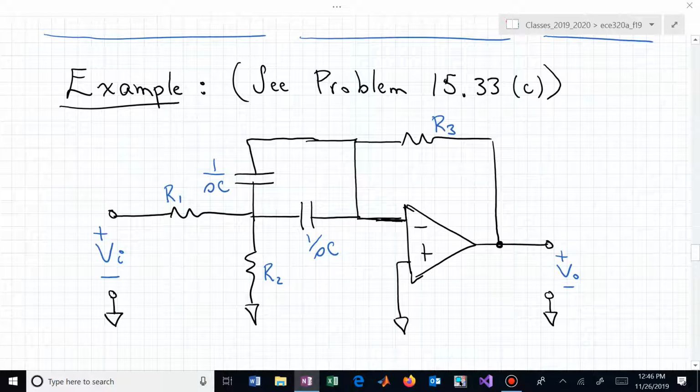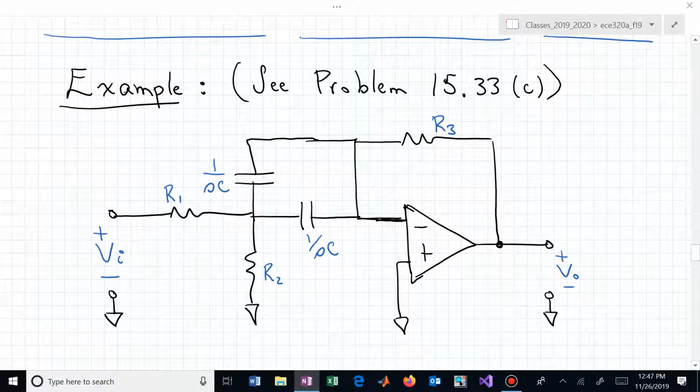It's trying to make V sub P approximately V sub N. If you don't have negative feedback, then your output's going to swing basically between one of the 2 rails depending on the sign of the voltage between your non-inverting and inverting pin.